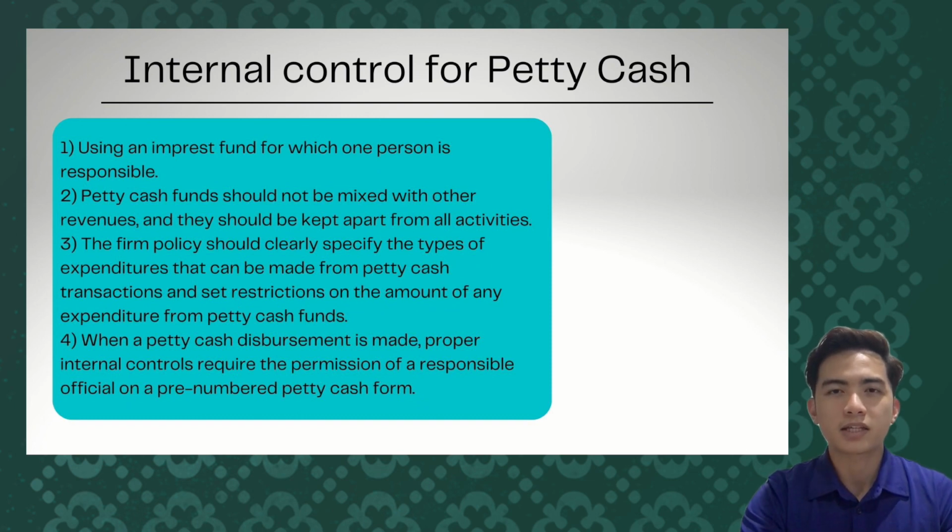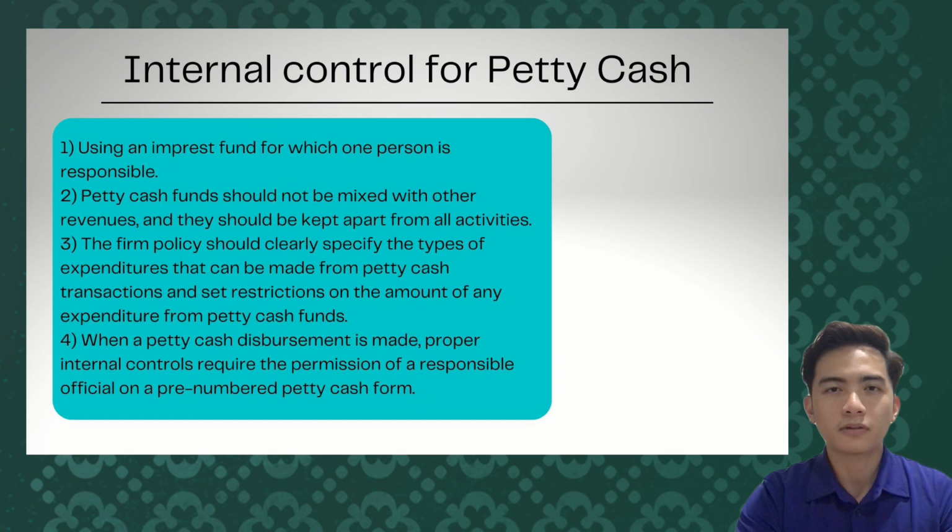Next, there should be limits on the amount of any expenditure from petty cash funds, and the types of expenditure that can be made from petty cash should be well defined by company policy. When a disbursement is made from petty cash, adequate internal controls require a responsible official's approval on a pre-numbered petty cash form.